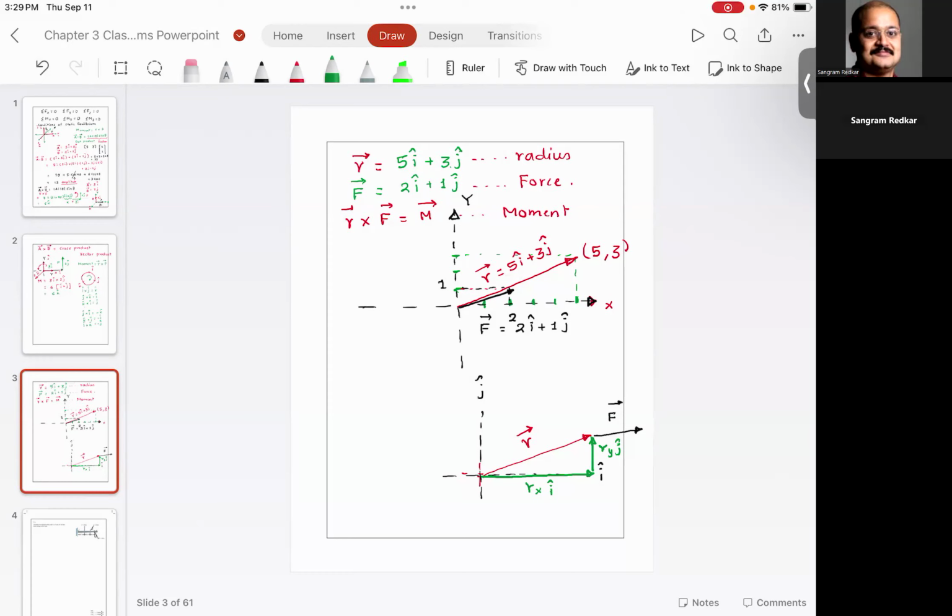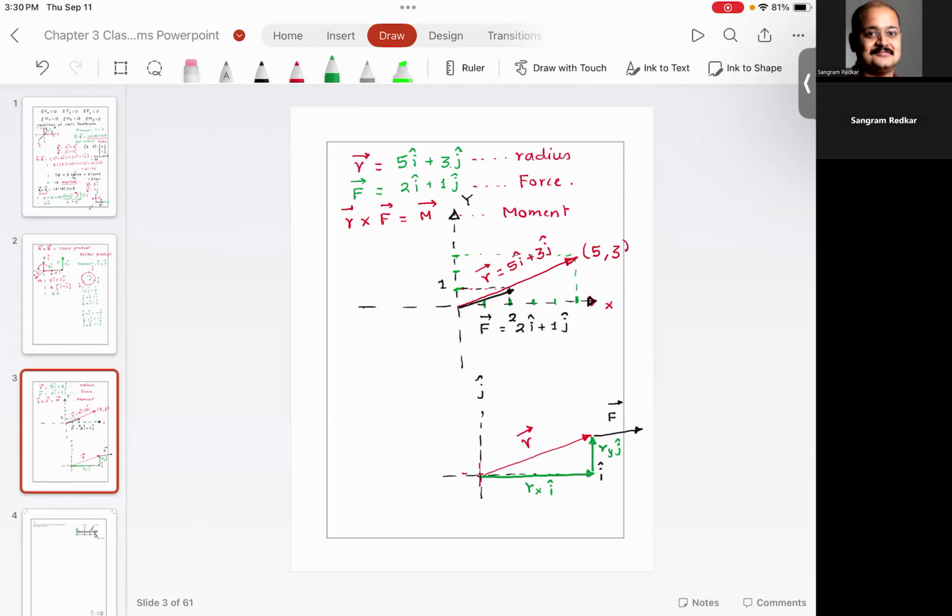You cannot solve a dollars to pesos problem. You need to express both of them in a consistent unit. Only then you can perform any type of addition, multiplication, or that stuff. So I represented this vector as a component in I, and this vector as a component in J.